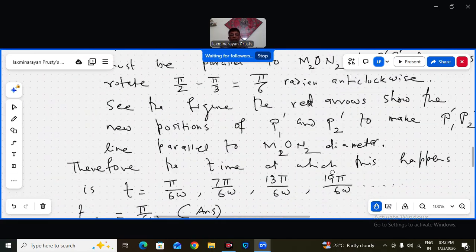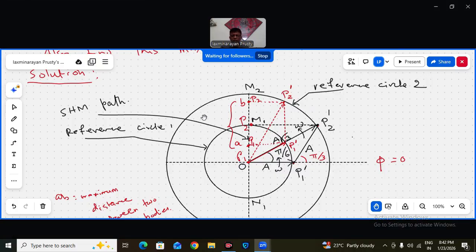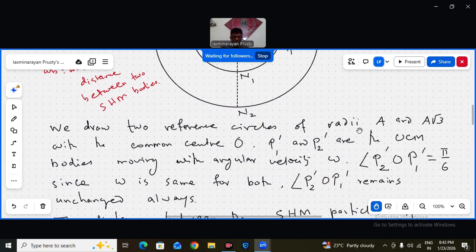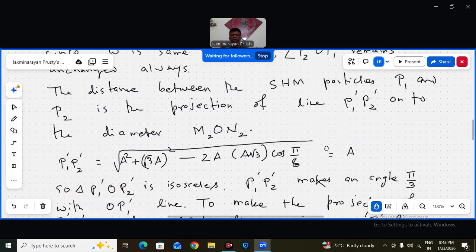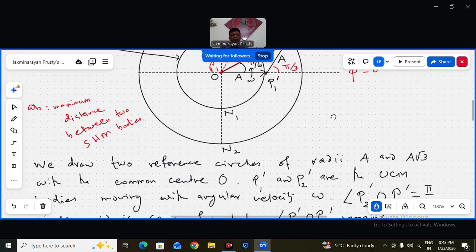Are you understanding? So this question is so simplified by this. You will see that this type of question you can solve very easily using the reference circle method. Distance traveled by SHM particles, the separation between two particles moving in SHM about a common mean position with the same frequency, all these things you can very easily calculate using the reference circle.